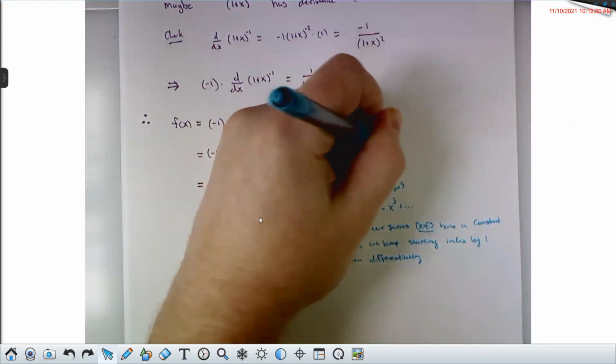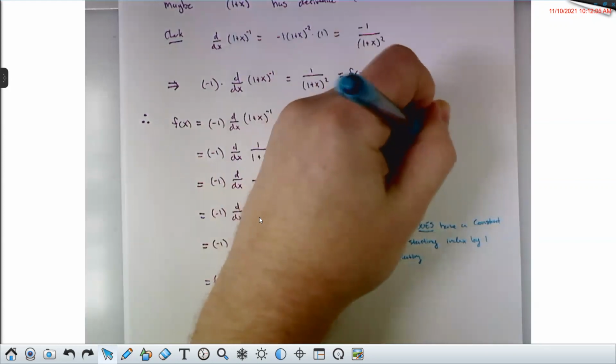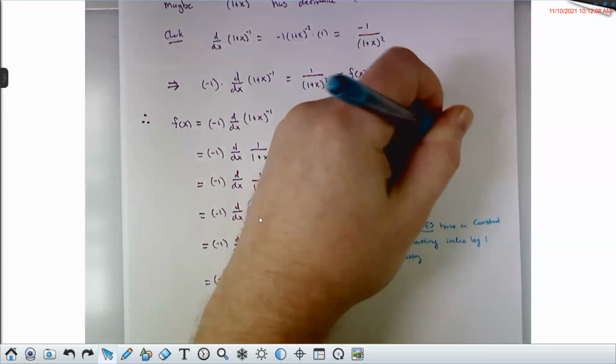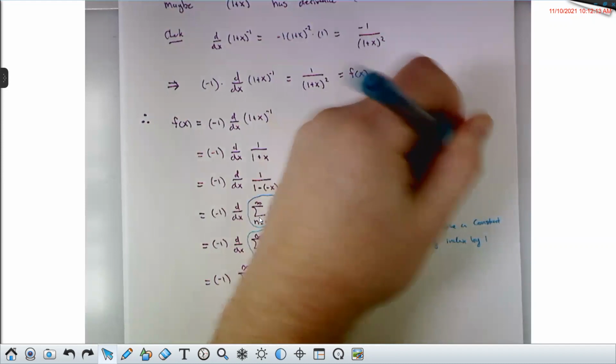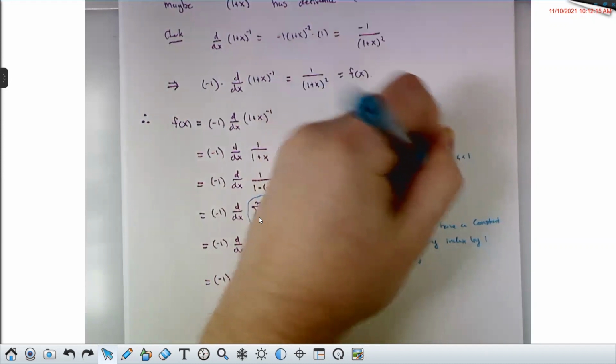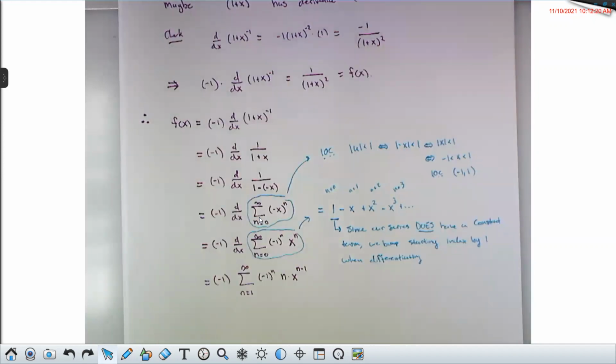U here was negative x, so absolute value of negative x is less than 1, which is the same as saying absolute value of x is less than 1, which means negative 1 is less than x is less than 1. So the interval of convergence of the series before we differentiate is the open interval from negative 1 to 1. So while it's true that when you differentiate a power series, you can lose endpoints, we don't always lose endpoints, but you can. Do I need to be concerned about that here?